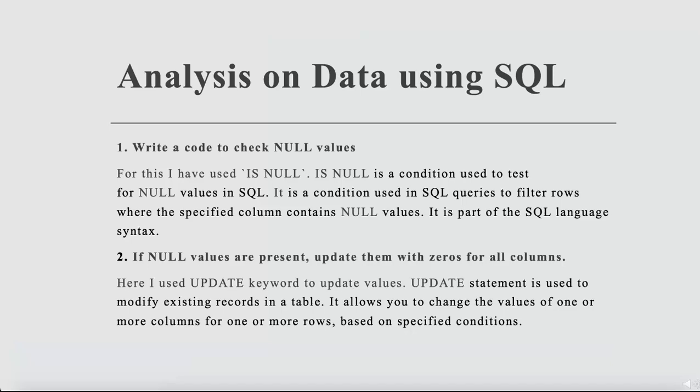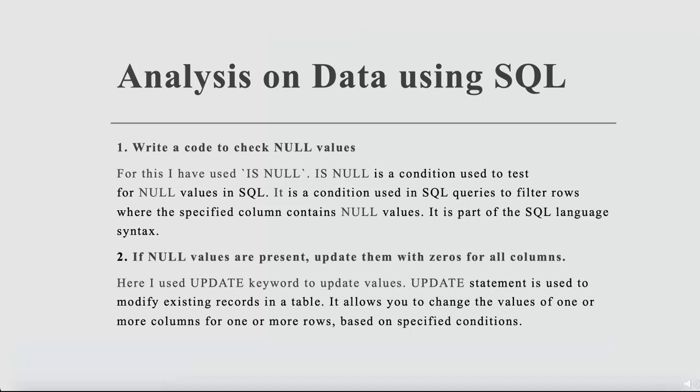Now let us see the first question. Here I have given a brief explanation for all the questions, not the full code. The first question is to check null values in the dataset. So I used the is null keyword.